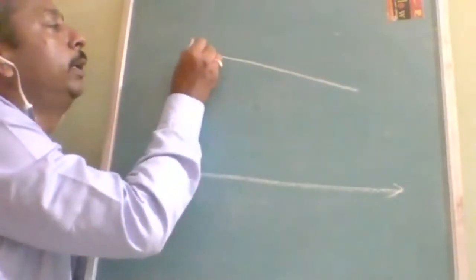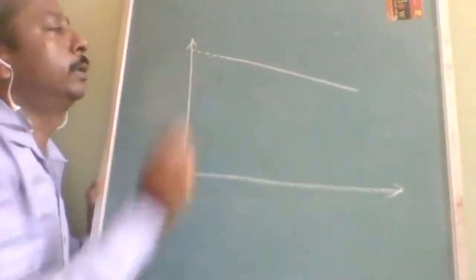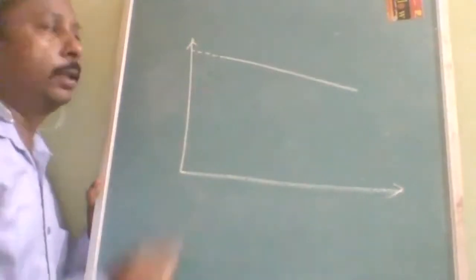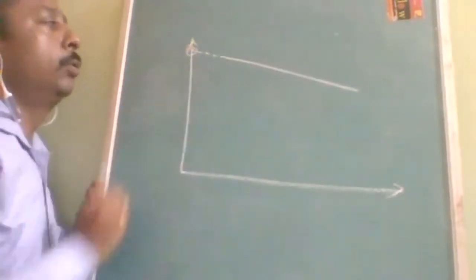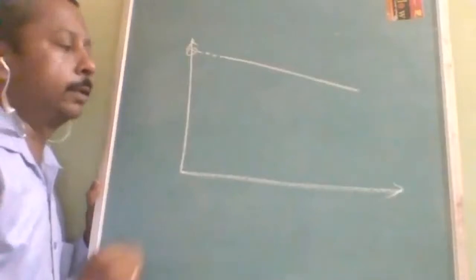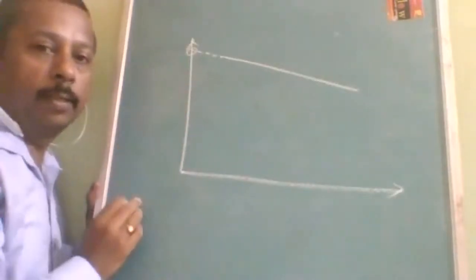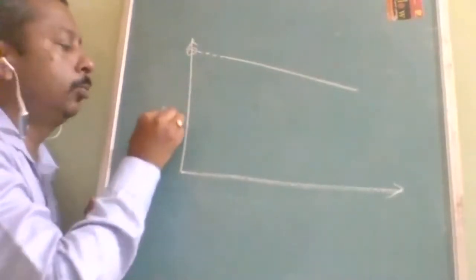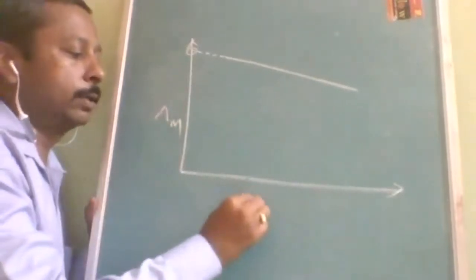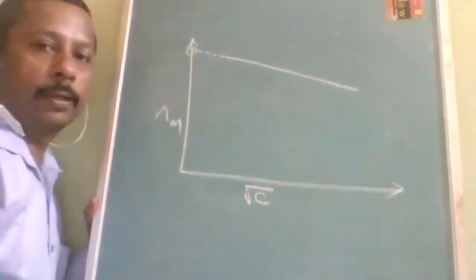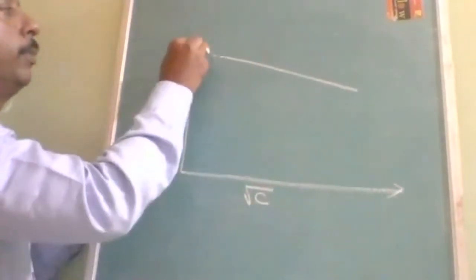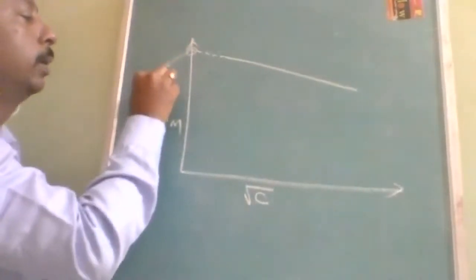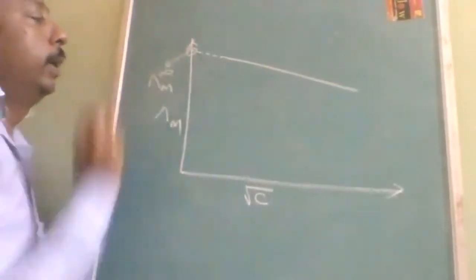If I extend this line, extrapolate it, it will intersect the y-axis. The y-axis is molar conductivity and the x-axis is square root of C. This point is called molar conductivity at infinite dilution.